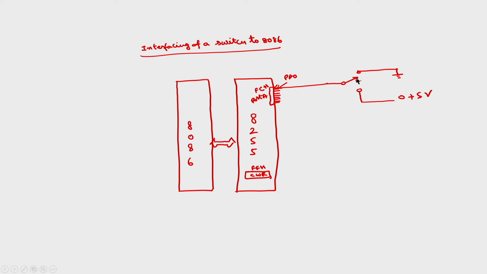Okay, this is the diagram. If I connect the switch to this, it is logic 0. If I connect this switch to this, it is logic 1. So, I want to read the status of this switch. I have connected this as PA0, and I have programmed this as input port.